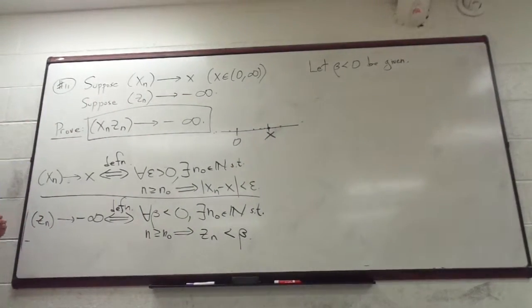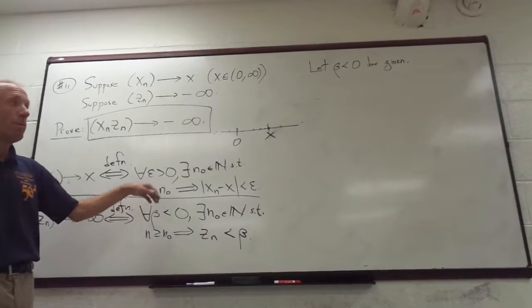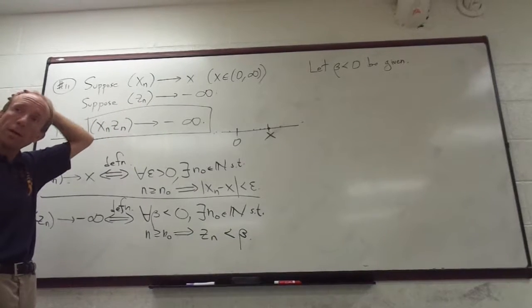So you want to pick a specific epsilon here, and also a specific beta to go with the Zn sequence.